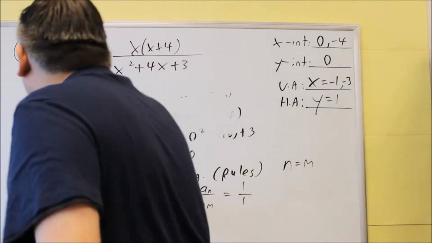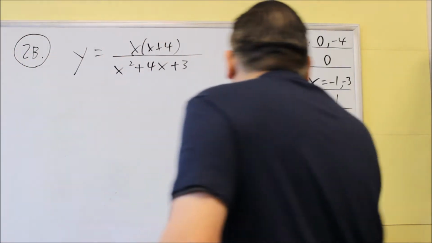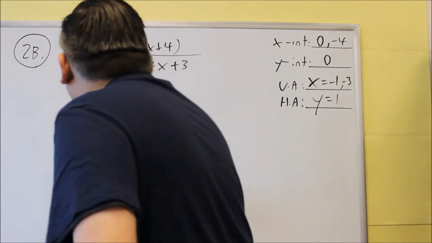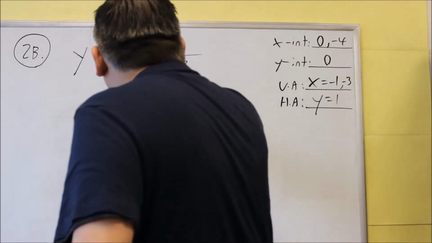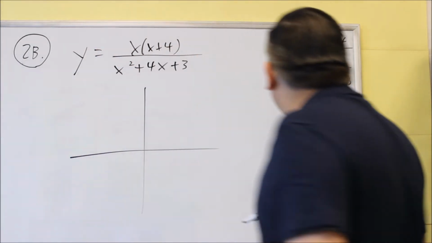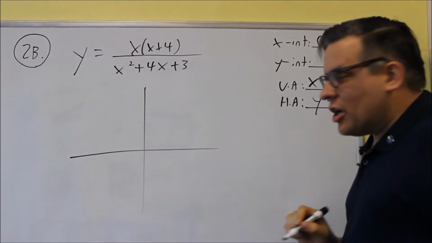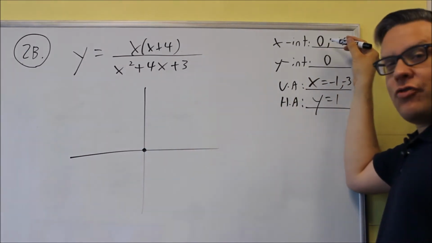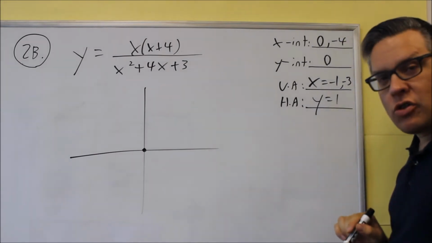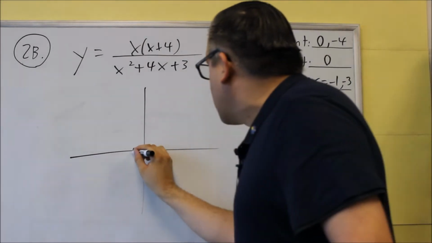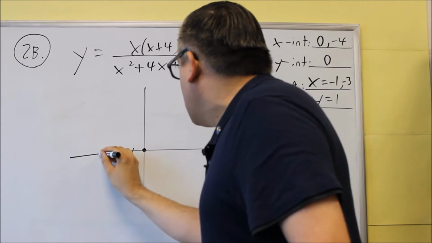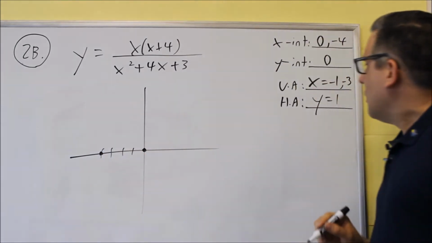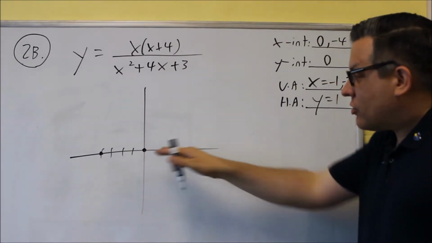So erase this here to get room for the graph, and we're going to put all our information down there. First of all, the x-intercepts. It goes through 0, 0. That's why we get a 0 for both of these, because it goes through the origin. The other one it goes through is negative 4. That takes care of the intercepts.